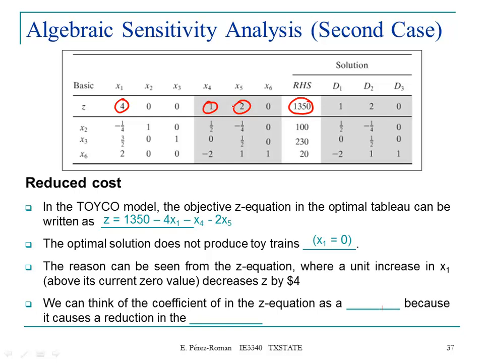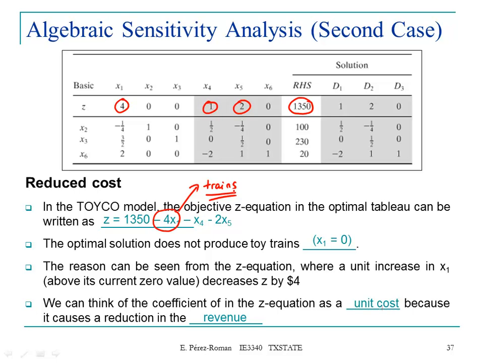We can think of the coefficient in the z equation as a unit cost because it costs a reduction in the revenue. This variable represents the trains. In the optimal solution tableau, we found that this variable has a negative coefficient of -4.